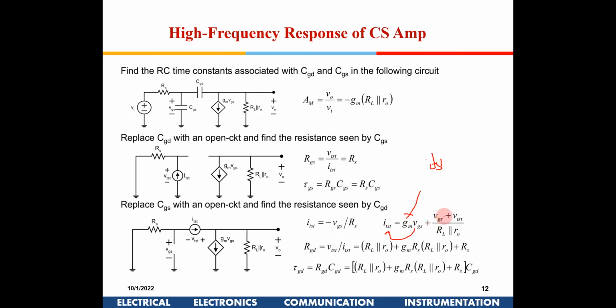Similarly, this VGS is going to be replaced as I test into RS again. So this VTEST also will vanish. You will get it in terms of I test, so that also you will get on the left hand side. On the right hand side, only this much will remain. And then you divide this, and you will get it. Yeah, sir, got it.